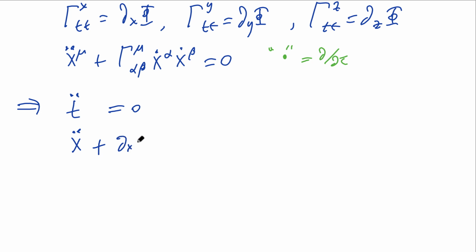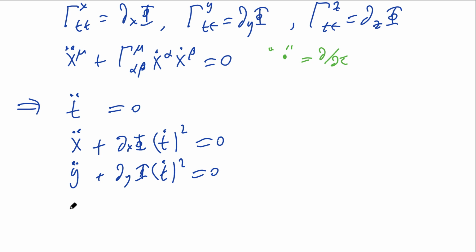Here that's partial x of phi times t dot squared equals 0. And similarly for y and z, we have y double dot plus partial y phi times t dot squared equals 0, and z double dot plus partial z of phi times t dot squared equals 0.